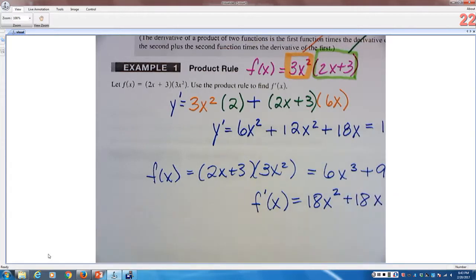Reduce the power by 1, it's just x. And I can see that I got the same thing by using a different rule.